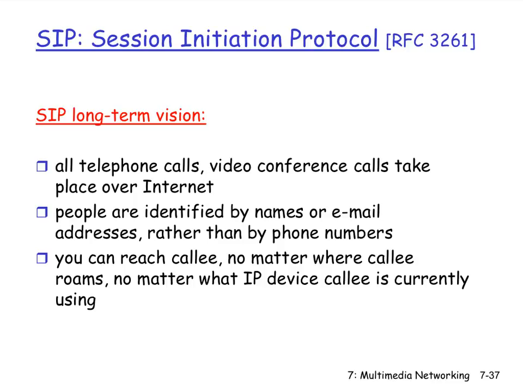But this requires, of course, that the internet, being inherently a packet-switched network, needs to have all the quality of service components which we have been talking about since the beginning of the course, including bandwidth management and admission control and scheduling and all these issues that we've been talking about.